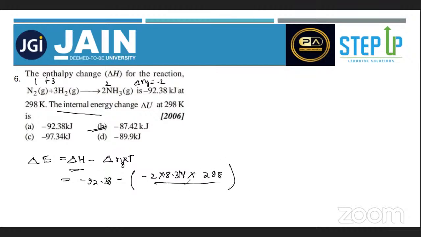Because this is given in kilojoule, to convert this into the same value, divide by 1000. So when I solve this, I'll basically get about minus 92.38 plus 4.95, which gives us approximately answer as negative 87.43.